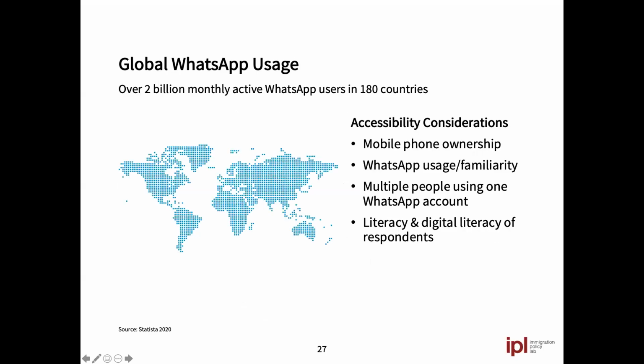Speaking of international participants and global usage, you may already be well aware that WhatsApp is a very, very popular social messaging platform. For example, there are over 2 billion active monthly users in 180 countries as of July 2020.